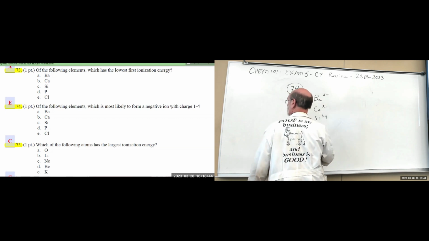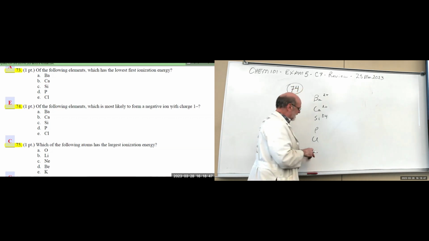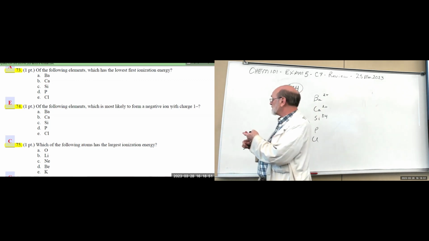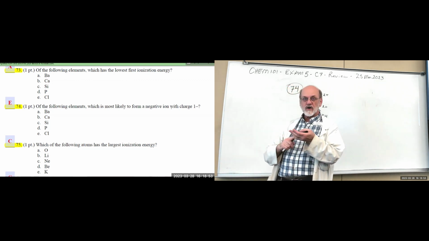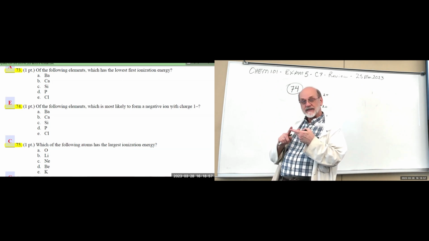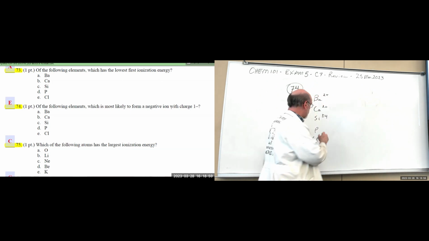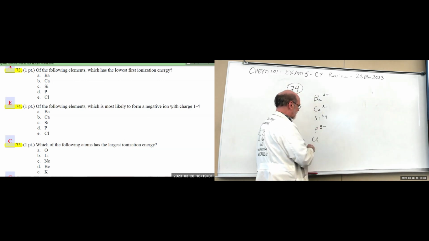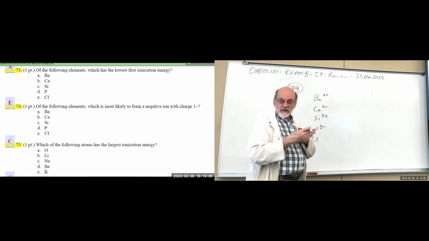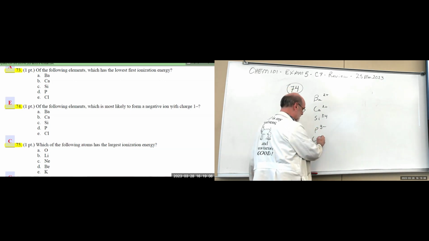Phosphorus is a pnictogen. So we need to go from phosphorus to sulfur to chlorine to argon. It needs to gain 3 electrons. So phosphorus would be a 3-. Chlorine is a halogen. It's 1 step away from the noble gases.